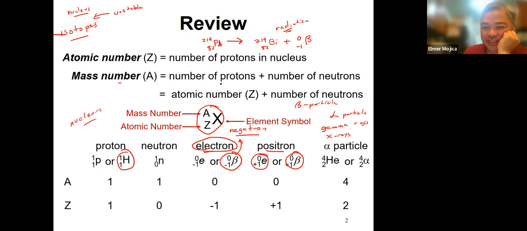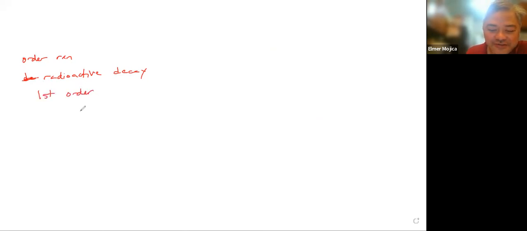So if you have a radioactive decay, that is what? Still remember that? Ano yung order of reaction nung tinatawag nating radioactive decay? Hindi niyo na maalala yung kinetics niyo sa Gen Chem? Okay? So, all radioactive decay undergo the so-called first order kinetics.